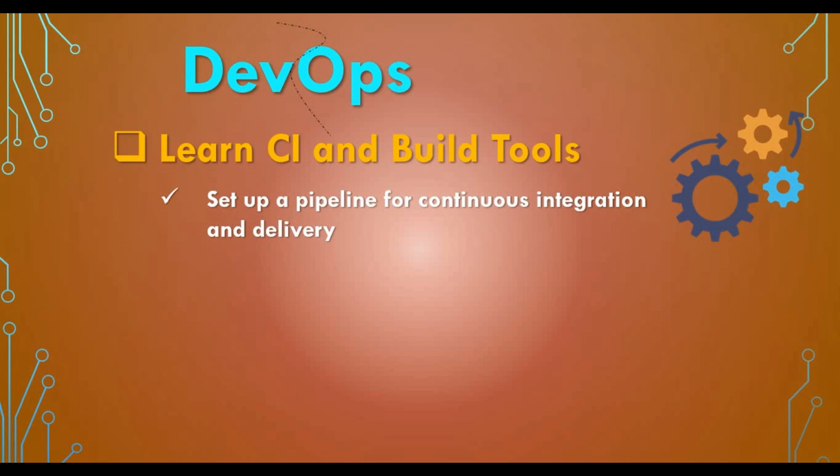This is where we will write the complete pipeline of your process, like how to integrate and deliver. You will be writing the complete process: whenever a new version is created by another developer, how it can be tested and integrated, and also how it can be delivered.